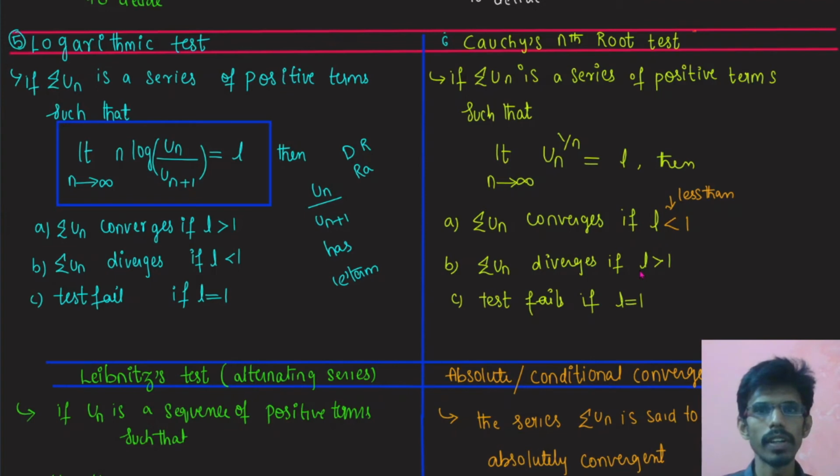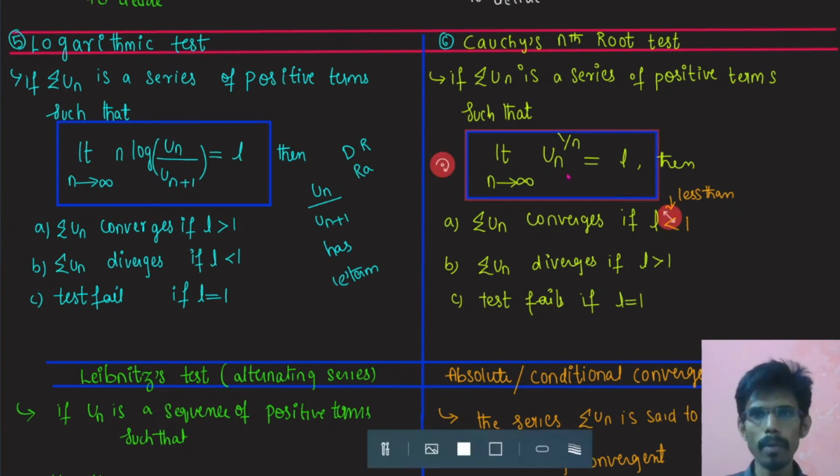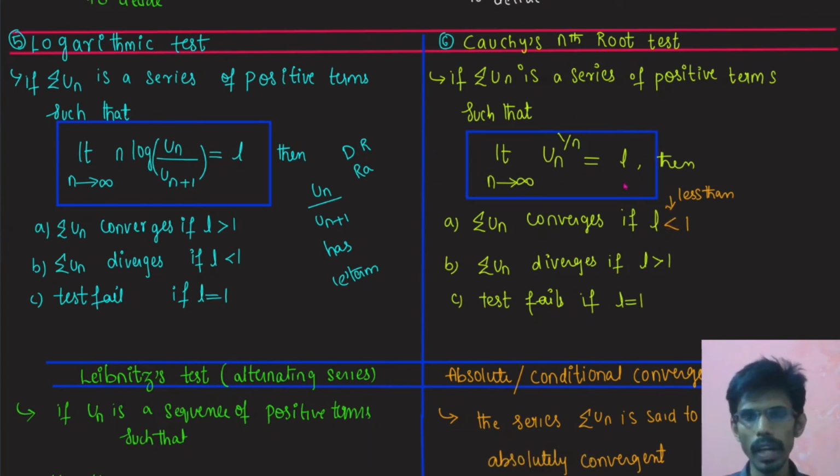Now next we have the sixth test, that is Cauchy's nth root test. If sigma un is a series of positive terms such that limit n tends to infinity, un power 1 by n equal to L. Here the un must contain an nth power.